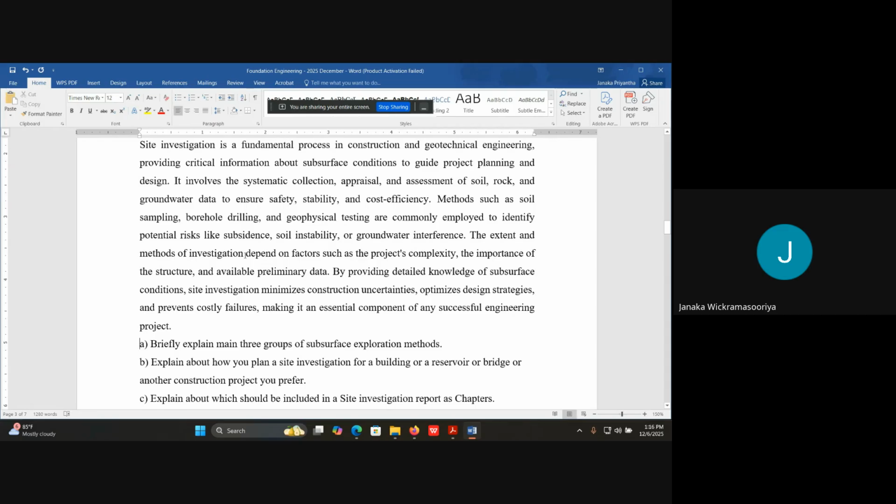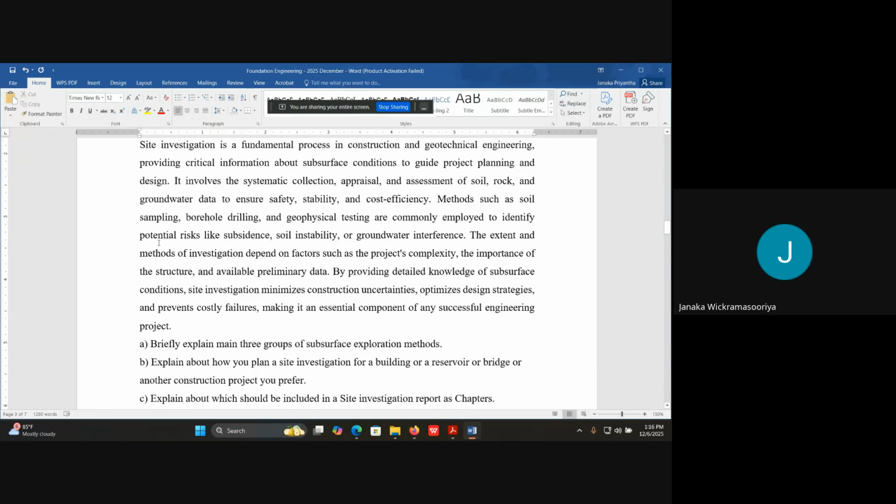The extent and the methods of the investigation depend on factors such as project complexity, the importance of the structure, and available preliminary data. By providing detailed knowledge of subsurface conditions, site investigation minimizes construction uncertainties, optimizes design strategies, and prevents costly failures, making it an essential component of any successful engineering project.